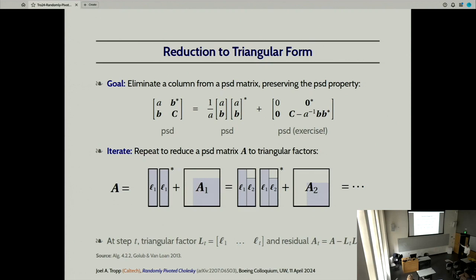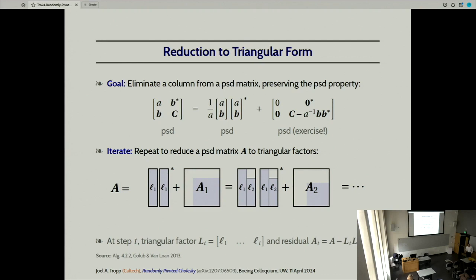We can peel off that rank 1 factor and add it to our approximation to obtain a 2-column positive semi-definite approximation, another residual, which now has zeros in the first 2 rows and columns, and so forth. So at each step, the residual is getting smaller and smaller, and we just keep peeling off one column at a time and putting them into the approximation, and then when we run out of matrix here, we have a lower triangular factor times its transpose. Okay, I hope this is familiar.